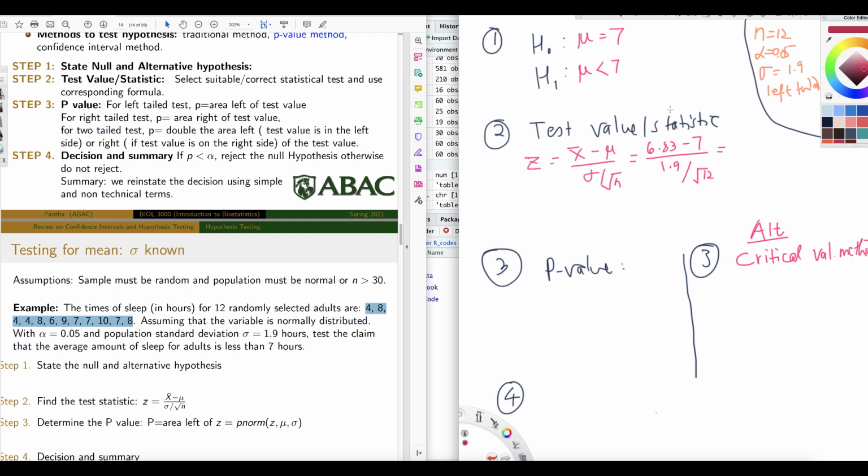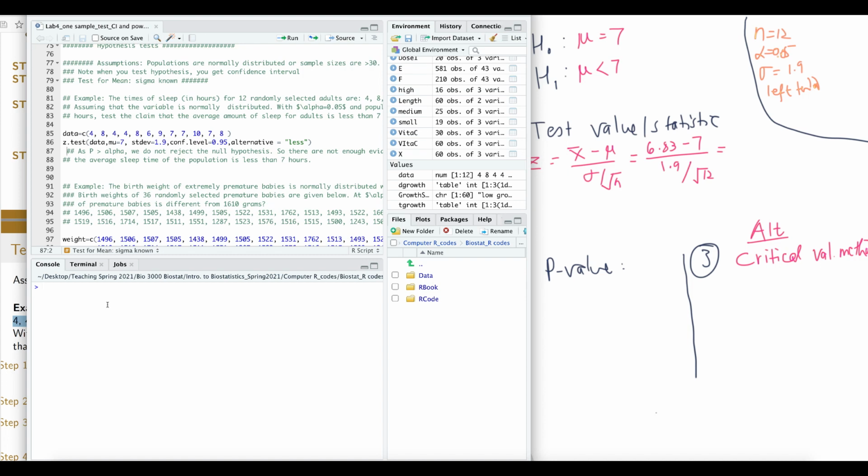Now I need a calculator for this, or I can use R. In R, I type 6.83 minus 7 and then divide by, since there are two things in the denominator, I start with parentheses, 1.9 divided by the square root of 12.